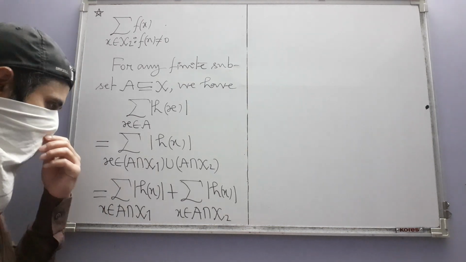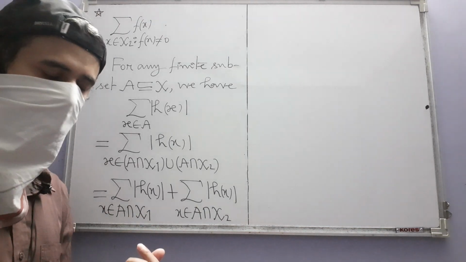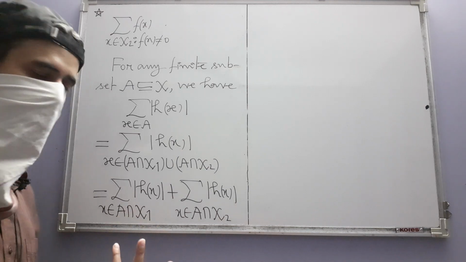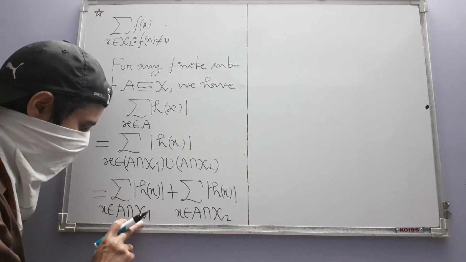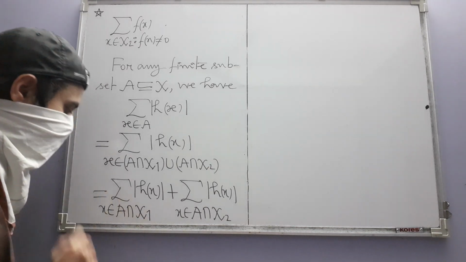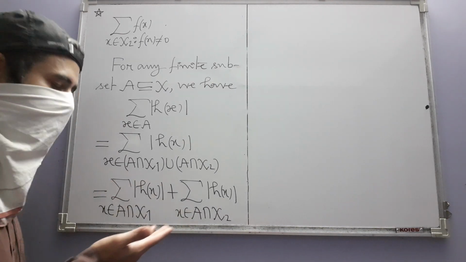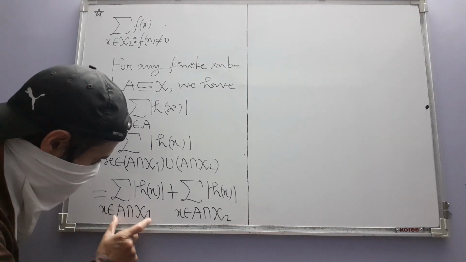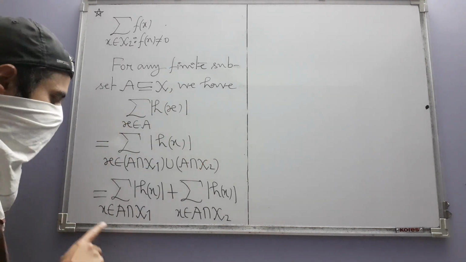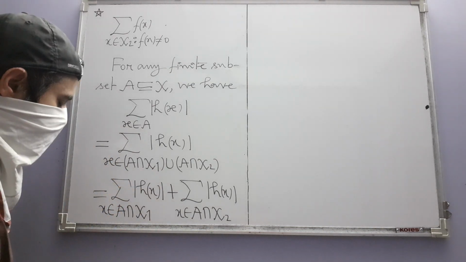Now, note carefully that this is actually a subset of x1, because it's the intersection of x1 with another set. At the same time, this is finite because A is finite, and it's a subset of A as well. So this is a finite subset of x1, and it's given that that sum, which has x1 here, is absolutely convergent.